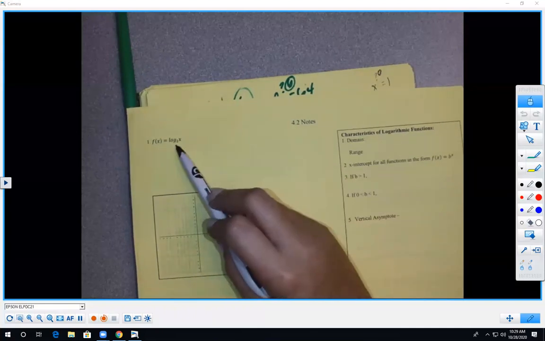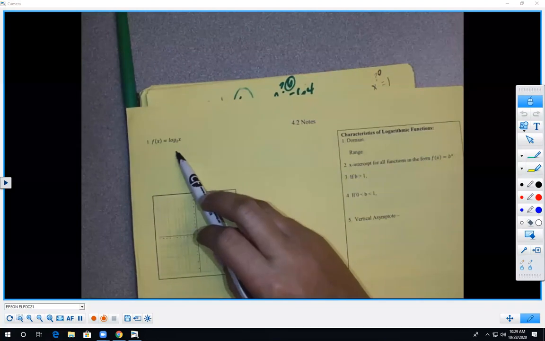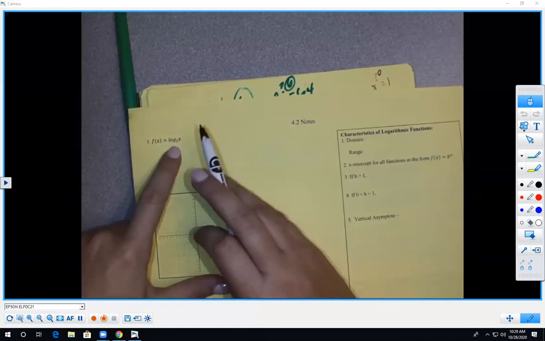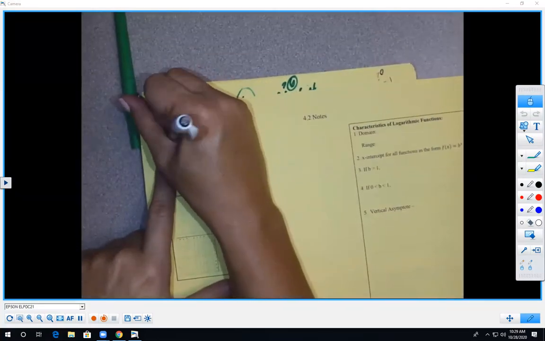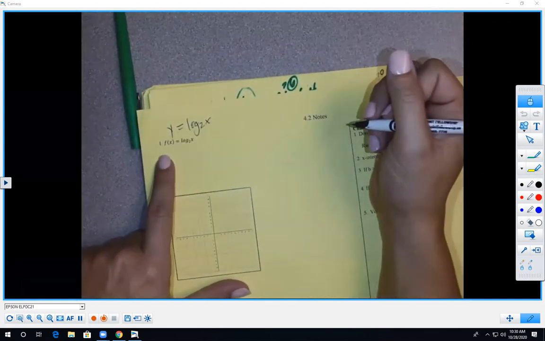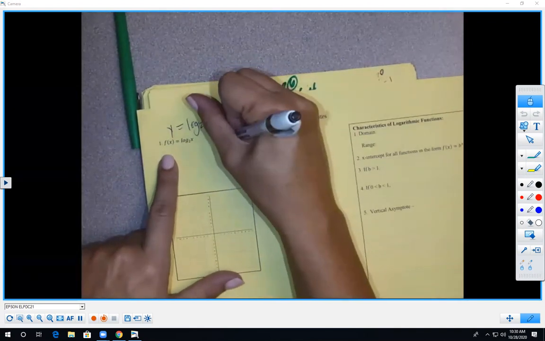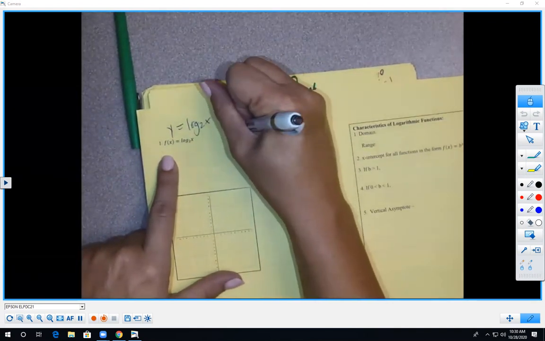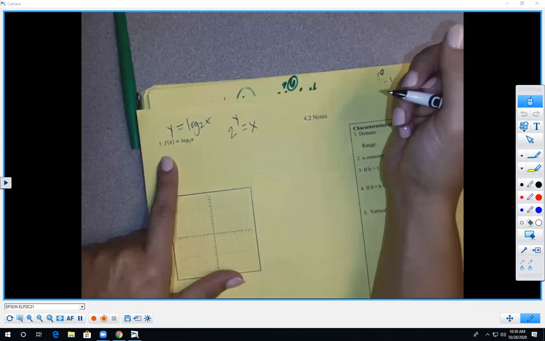A way to do it a little bit easier is this: the inverse of this function is the exponential function, right? Let's change forms here. I'm going to write this as y equals log base 2 of x. If I change forms, this says 2 to the y power equals x.